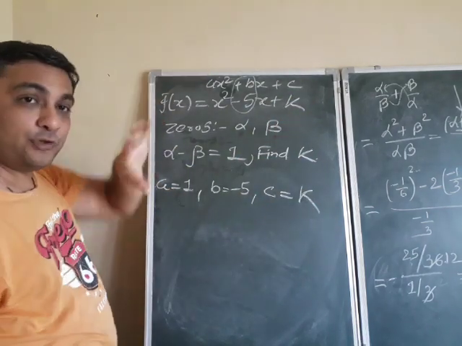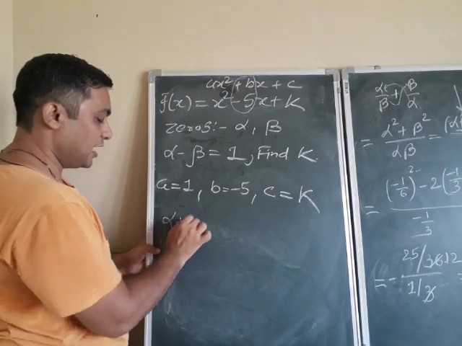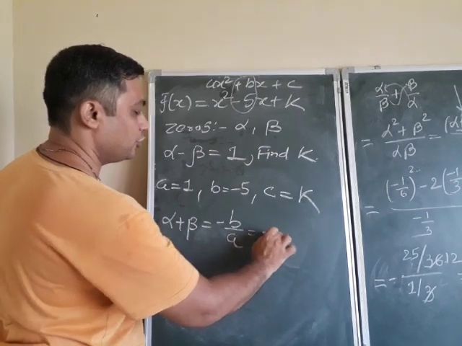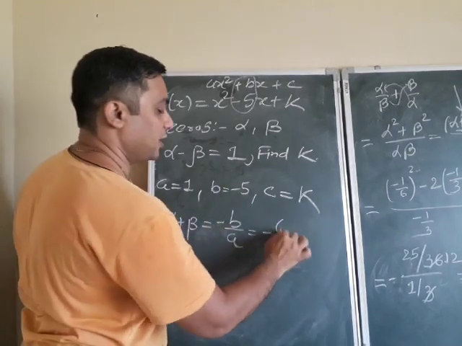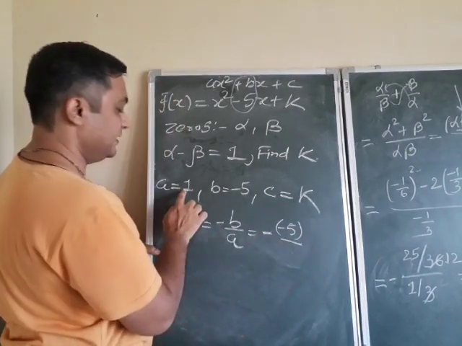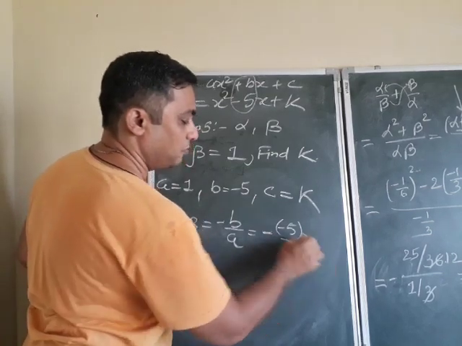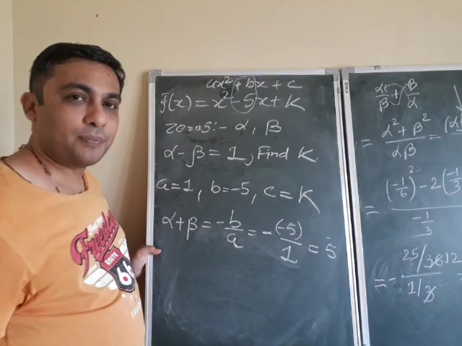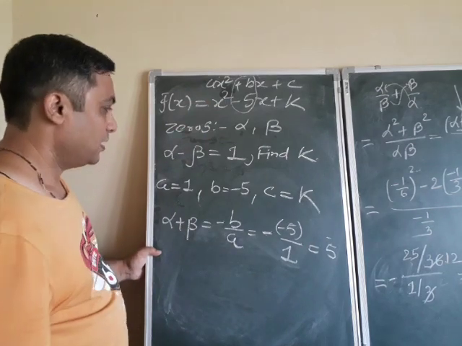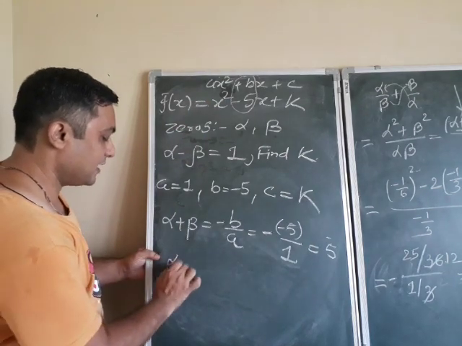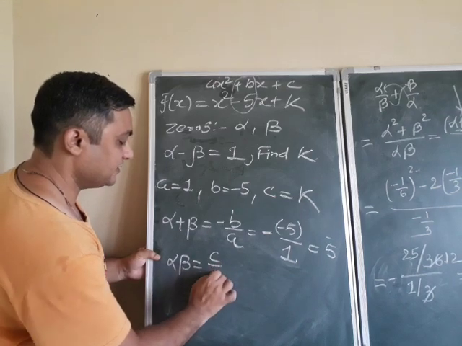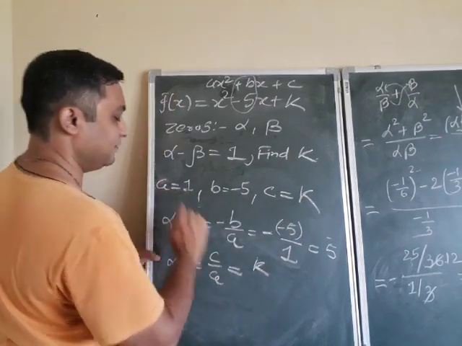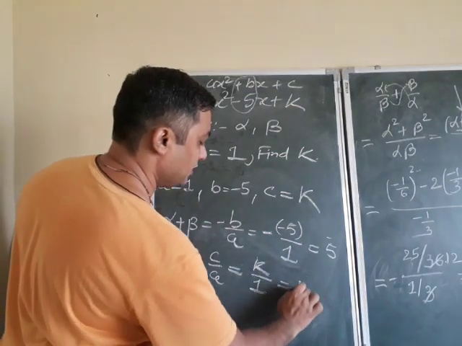Now you find out by the usual process. Alpha plus beta is minus b by a. So minus b is minus 5, and a is 1. Minus into minus plus, 5 upon 1 is 5. So alpha plus beta is equal to 5. And one more you can do, that is alpha into beta, that is c by a. c is k and a is 1. k upon 1 is equal to k.